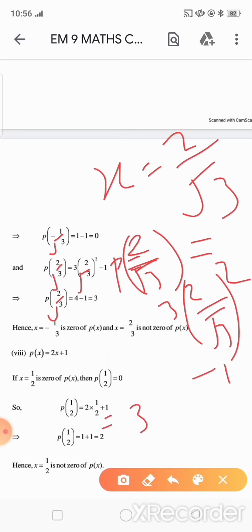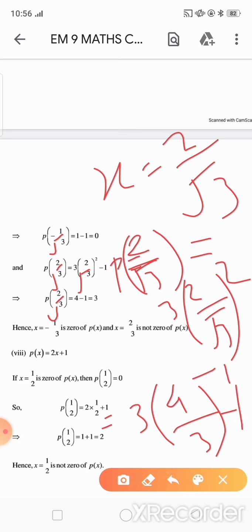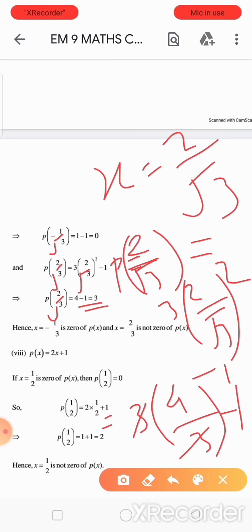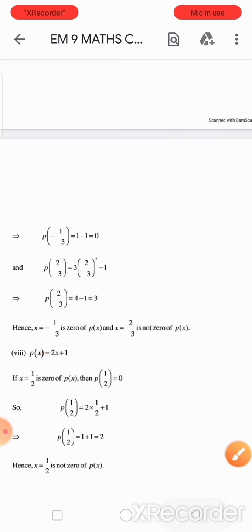Simplifying this step, 2 2s are 4, root and square are cancelled, then we get 3 in the denominator. Here 3 and 3 we cancel. 4 minus 1 is equal to 3. It is not equal to 0, so we say hence x equal to minus 1 upon root 3 is a zero of polynomial, but x equal to 2 upon root 3 is not a zero of polynomial p of x.